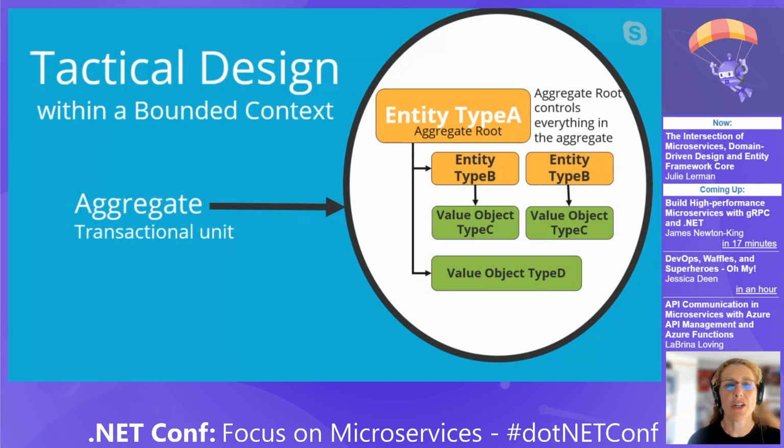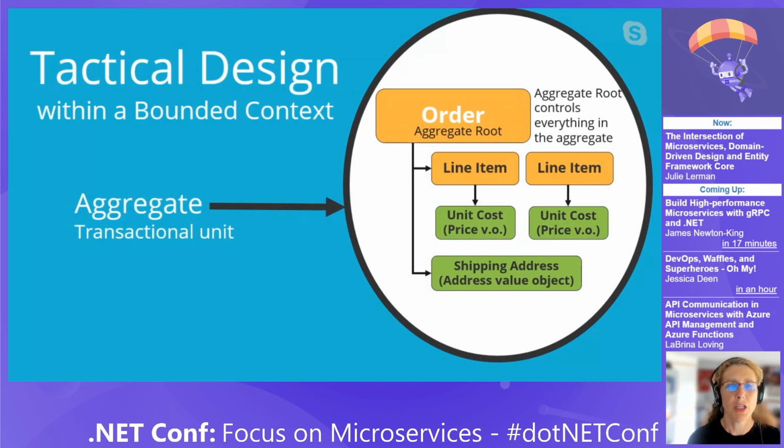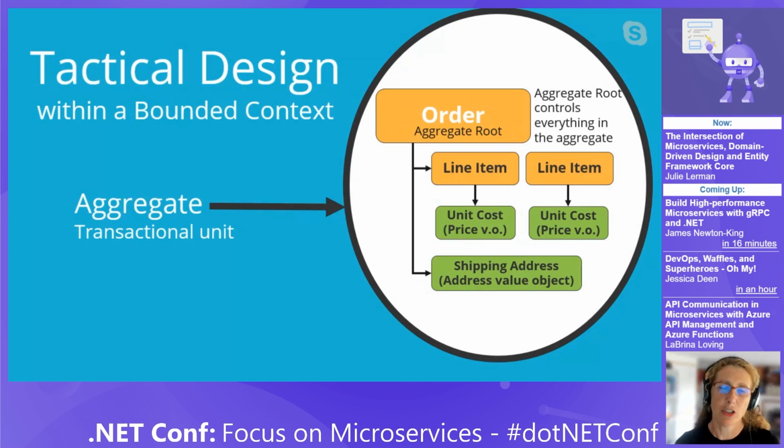So that's really important. And as we get into tactical design, we're getting closer to where EF Core comes into play. Just to not be so generic about this, a really good canonical example is an order that has line items, and line items really don't make sense on their own. They only really make sense within an order, and the order as an aggregate root can make determinations like you can't have more than $100 spent total, right?